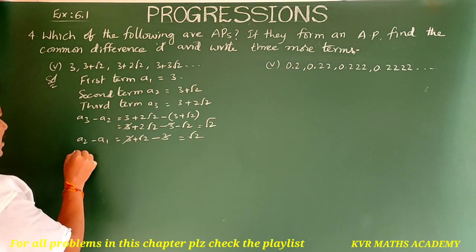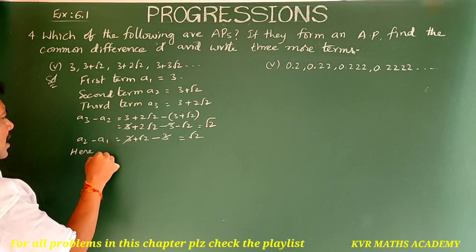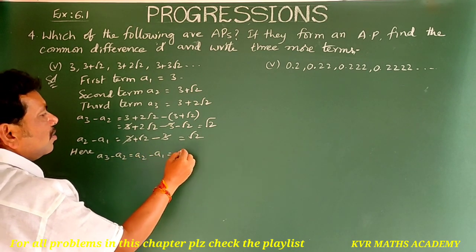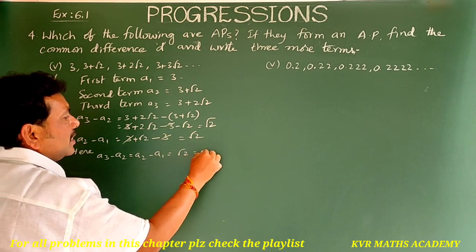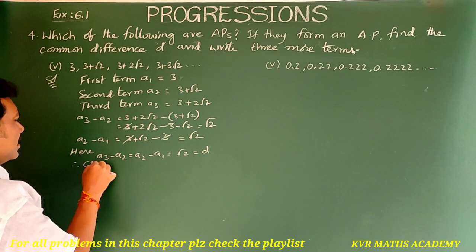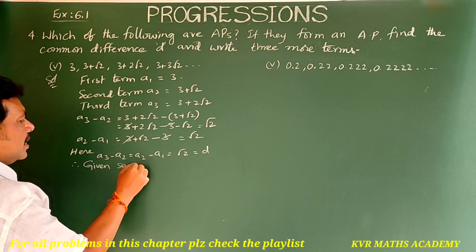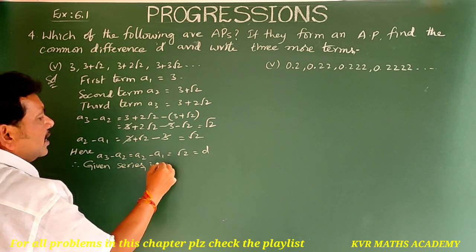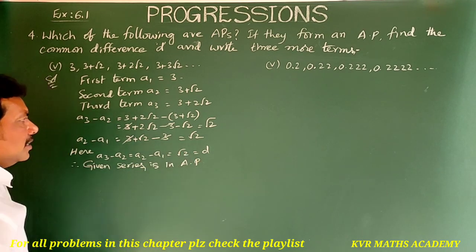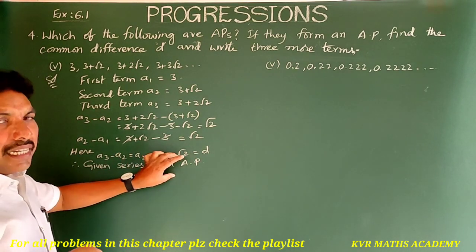Here a3 minus a2 is equal to a2 minus a1 is equal to root 2. That is d. Therefore, the given series is in AP.